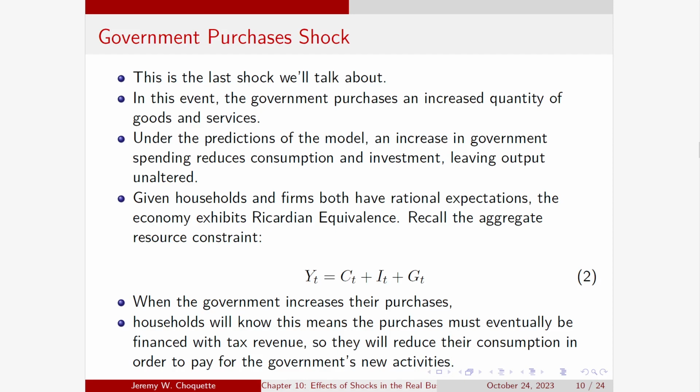Households and firms both have rational expectations, and the economy exhibits Ricardian equivalence. So, because of that, with this aggregate resource constraint given in equation 2, if the government were to increase their purchases, households know this means that these purchases have to eventually be financed with tax revenue. So they reduce their consumption in order to pay for the government's new activities.